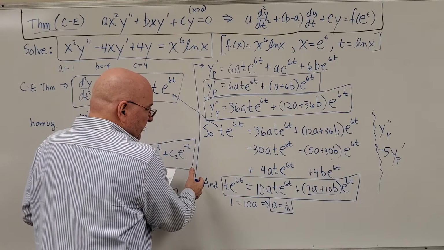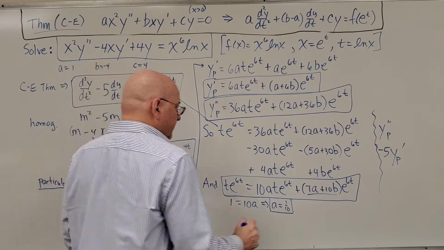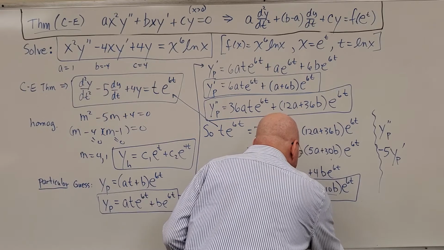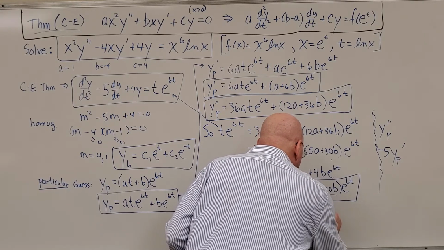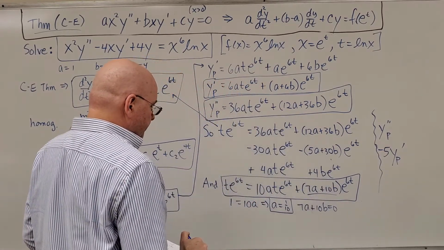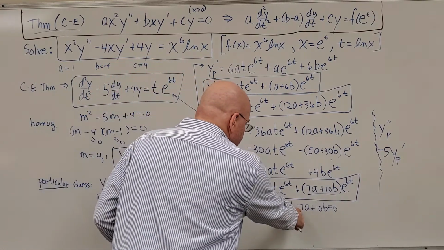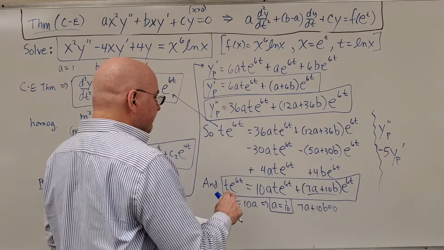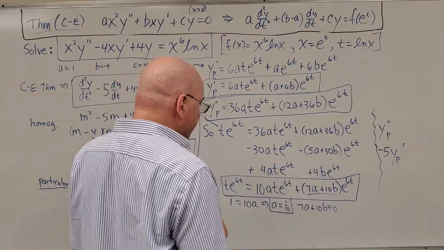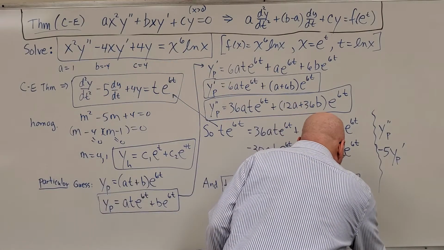There's nothing over here corresponding to that. So 7a plus 10b equals 0, but we know a is 1/10. So that's 7 times 1/10, 7/10. Looks like it's going to be negative 7 over 100 if you solve for b.